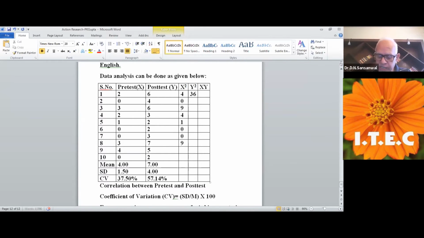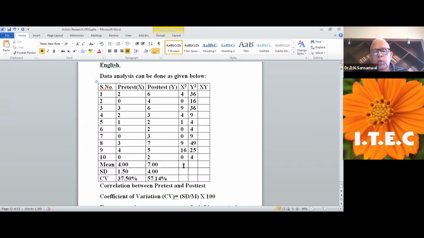It is 36, then 16, then 36, then 9, then 4, then 4, then 9, then 49, then 25, then 4. And here, 4 4s are 16, and here will be 0.